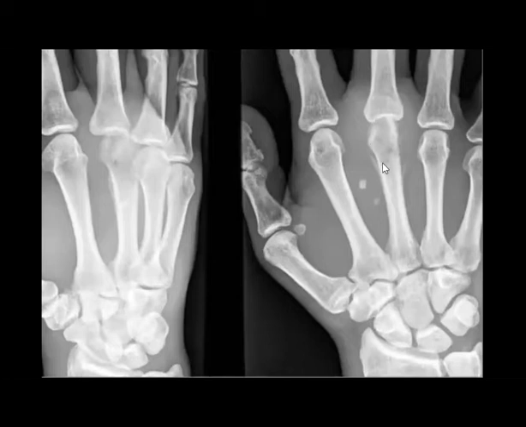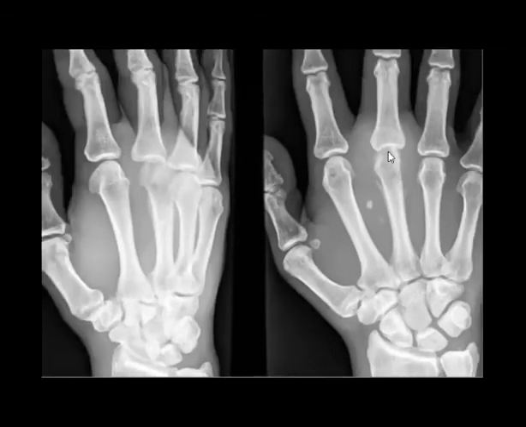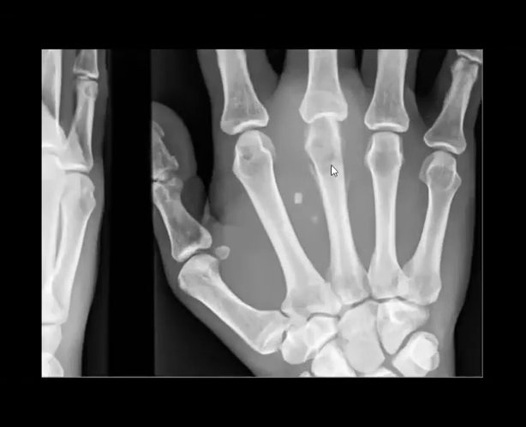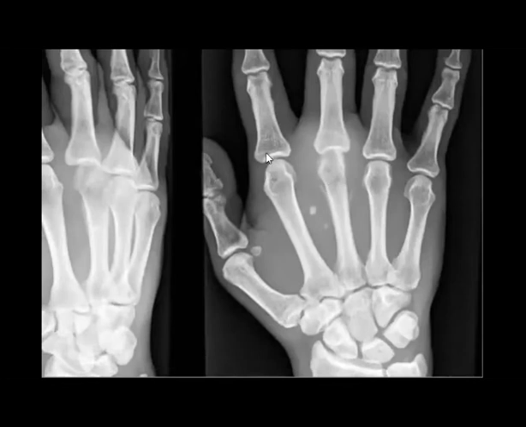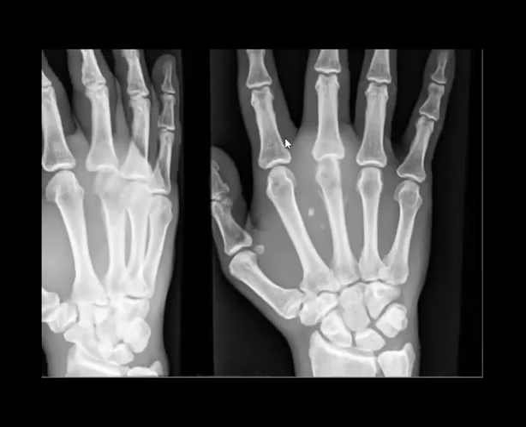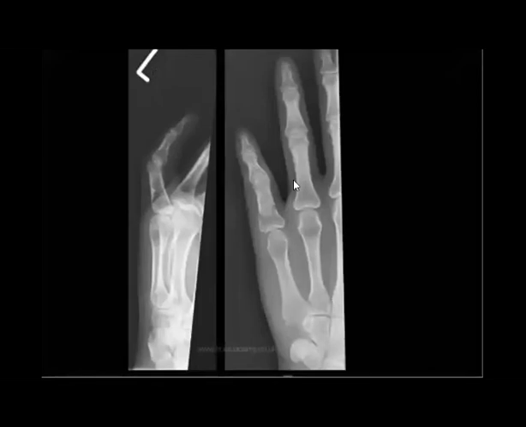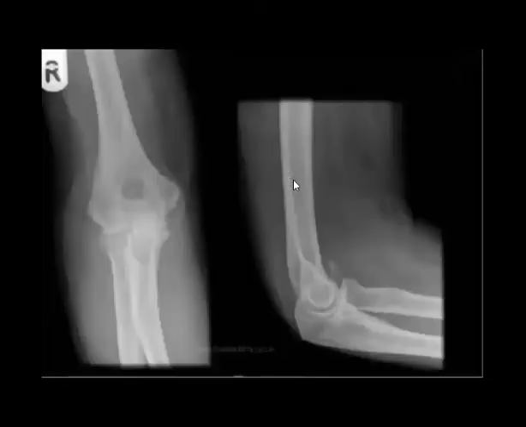Revise again. Perfect, I bet. So it will be like osteomyelitis. You can see even the soft tissue here, there is much soft tissue swelling, and you can see the osteopenia and so on. Yeah, perfect. So osteomyelitis will be the good differential here.